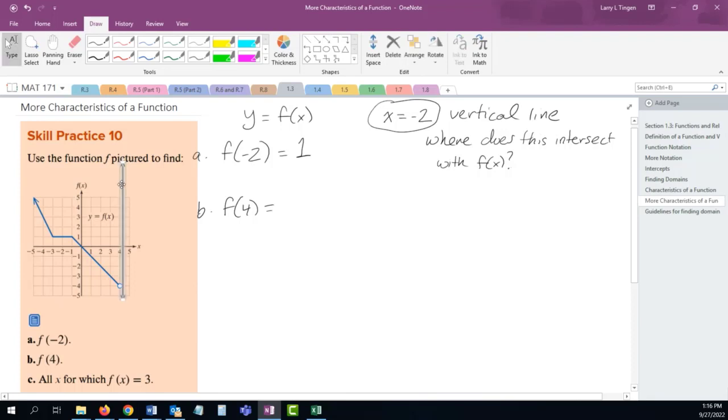Okay. Well, it turns out I don't. Can't get it to land right on top of it. But when x is 4, if I run down, and remember I'm getting this vertical line, I'm like, okay, where do I hit the graph? Well, when x is 4, if I go straight down following that line, I hit an open circle. An open circle means that endpoint is not included, right? So that means f at 4 is not defined.